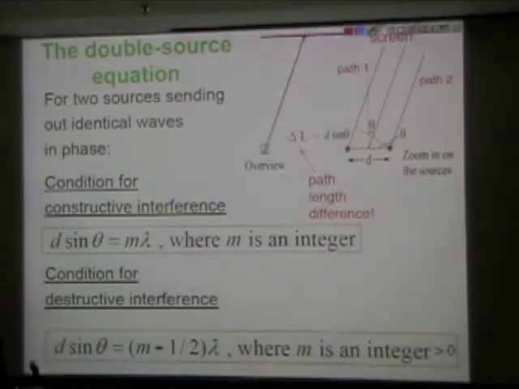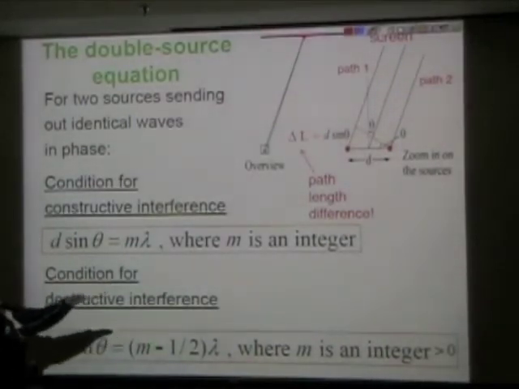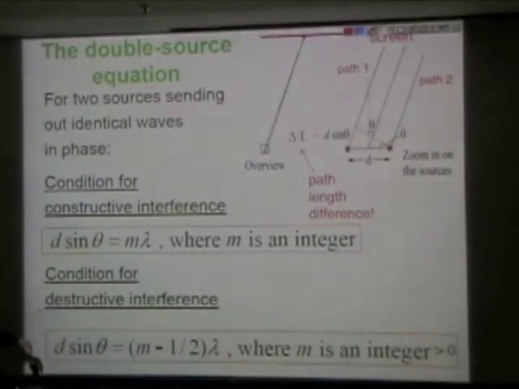And as a result, the condition for maxima, for bright spots, is the same as it was for sound waves. The condition for minima, for dark spots, is the same again. But now we added one more condition. And that condition relates also the distance from this slit to the screen.